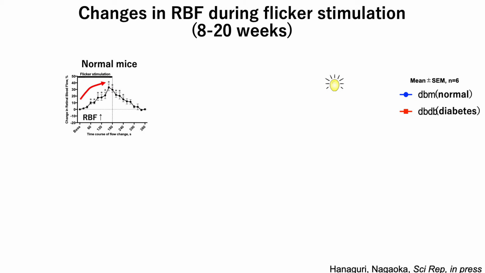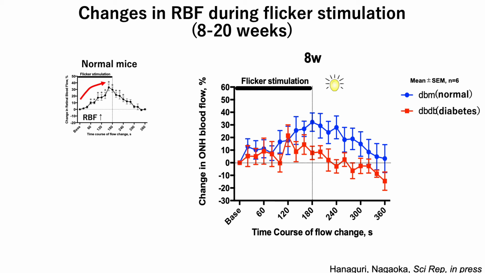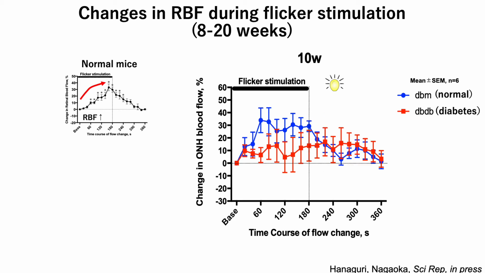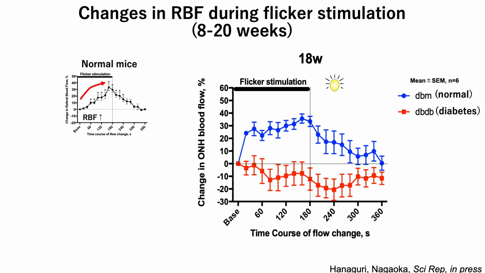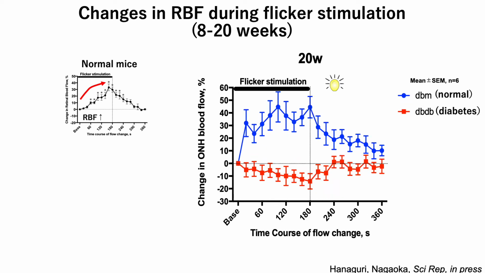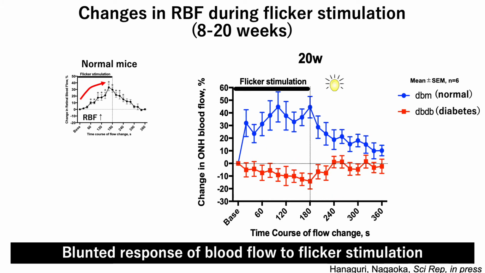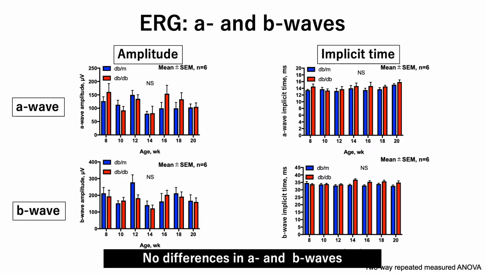We also found that the blood flow response to flicker stimulation was blunted in diabetic mice compared with control mice from 8 to 20 weeks of age. There were no significant differences in amplitude and implicit time in the a- and b-waves between the groups from 8 to 20 weeks of age.